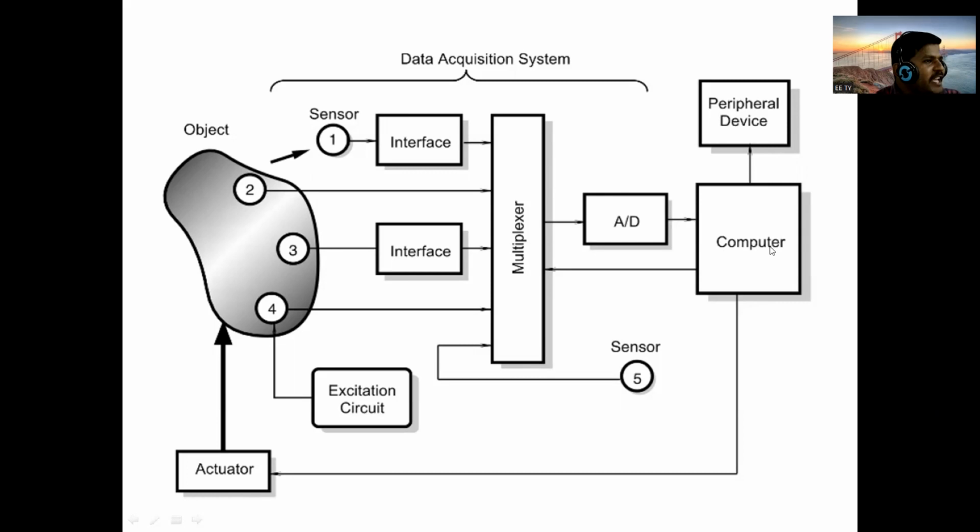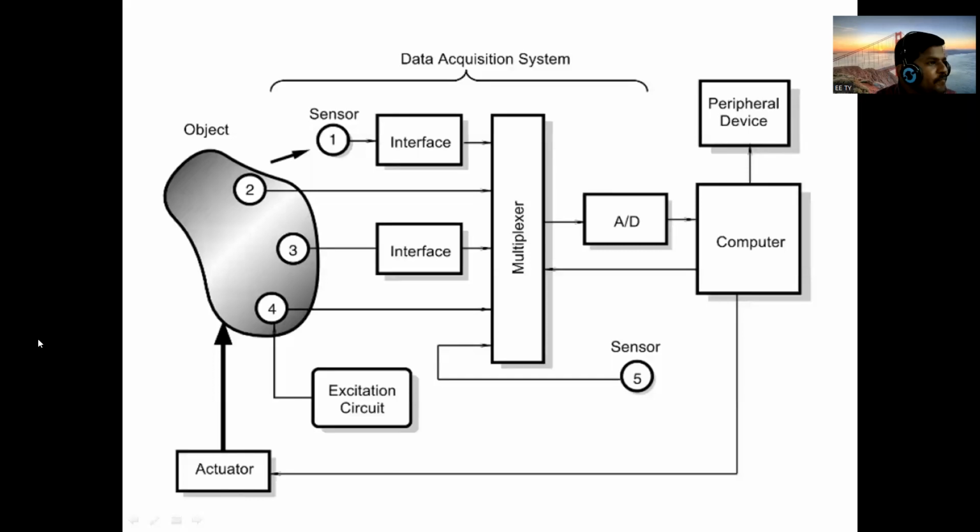On that display unit it will display that door number 1 is open. If door number 1 is open, it is seen by the driver. So here the driver acts as the actuator, right? The driver sees the message displayed on the peripheral device and works on that object.